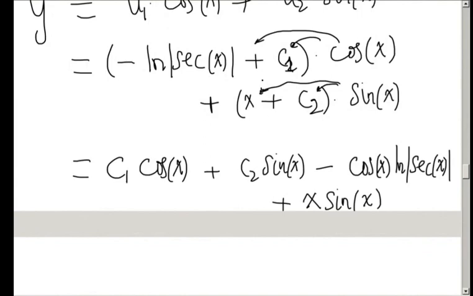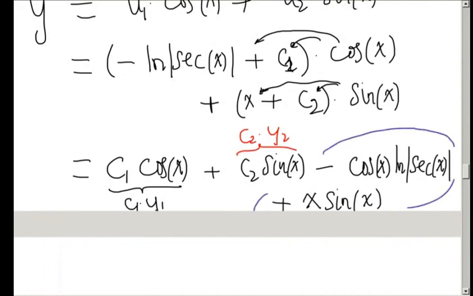So from this solution, we see that we have c1 y1, this is that piece, and then right here is c2 y2. Whatever is left, the whole thing here, is our capital Y of x. So Y of x is minus cosine x log secant of x plus x sin x.